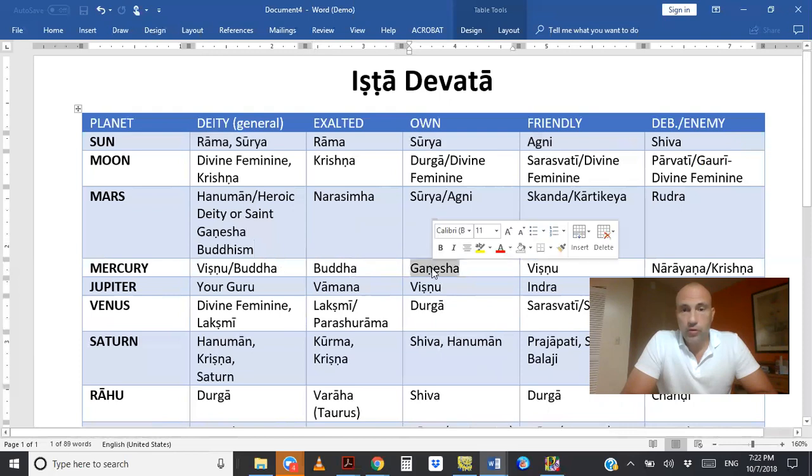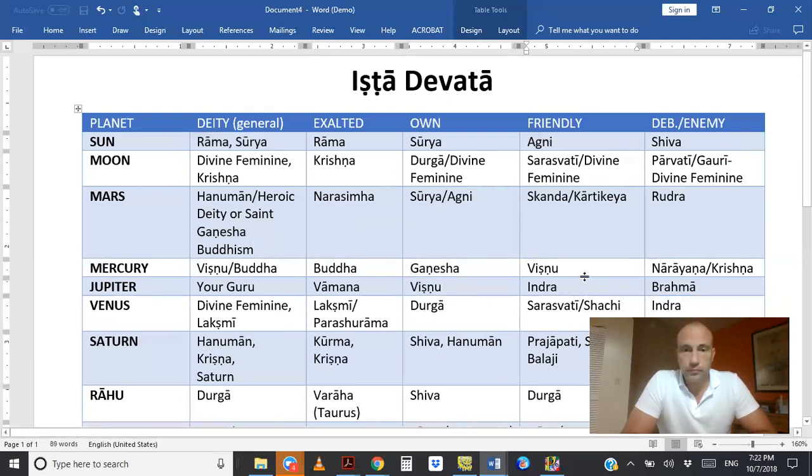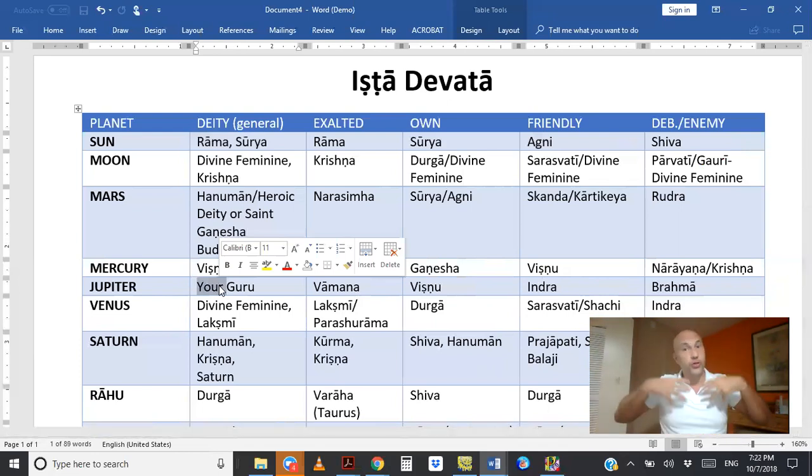Exalted Buddha, own Ganesha. I'll let you just read through these. You can see them here. Friendly Vishnu. Then Jupiter. Jupiter is Guru. He is the divine. So he is connecting to your teacher, to your divine preceptor, and worshiping them, giving your life to them as a form of Ishta Devata, being devoted to the Guru.